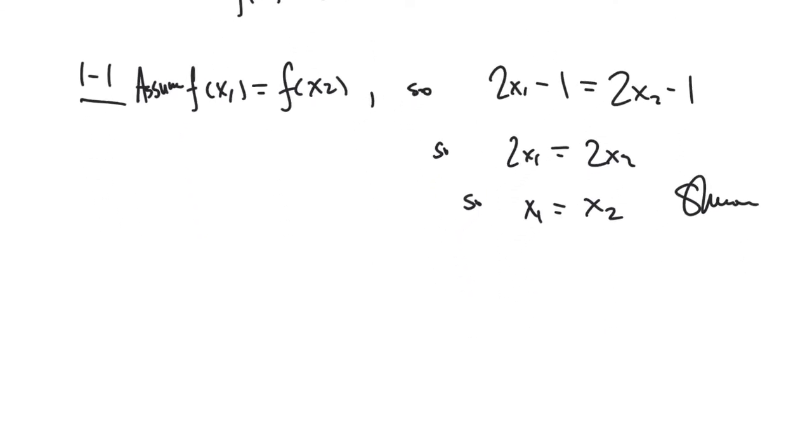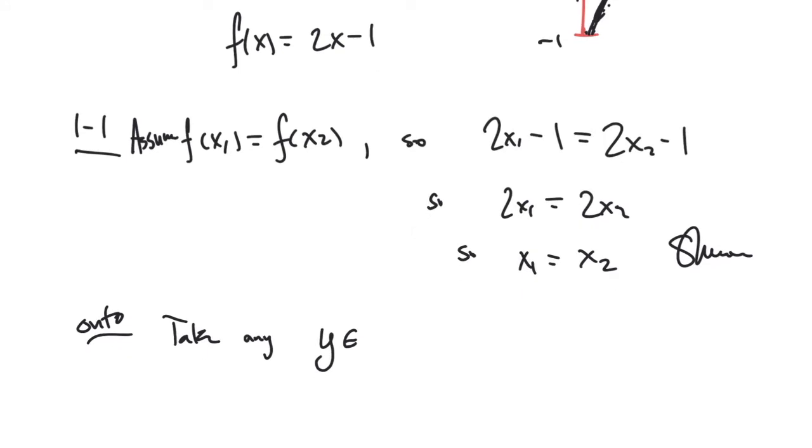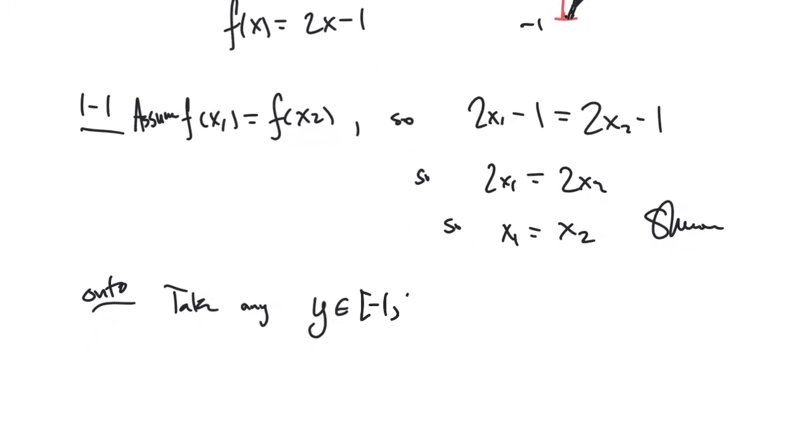And how about onto? We take any y in the codomain, which is minus 1 to 1. Then we want x with f of x equal y, right? Did anybody do this part?